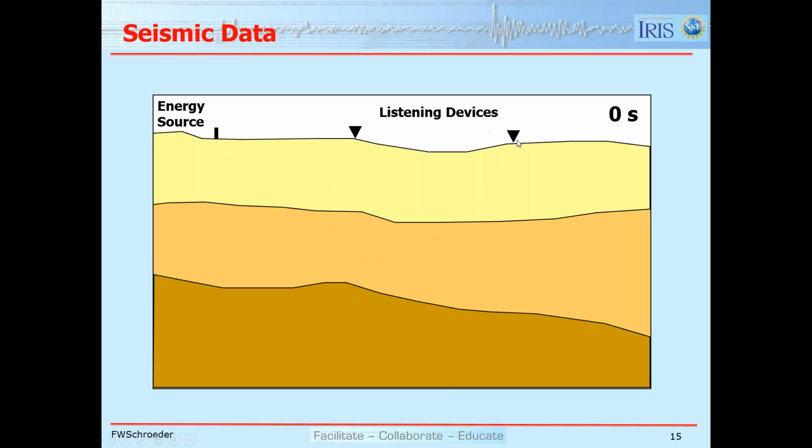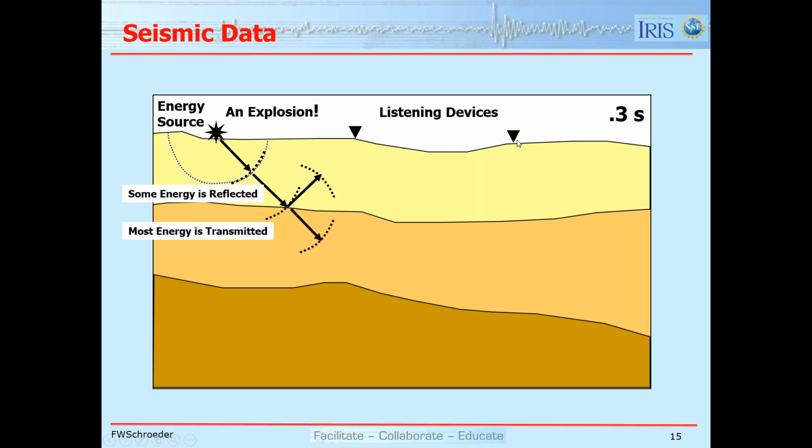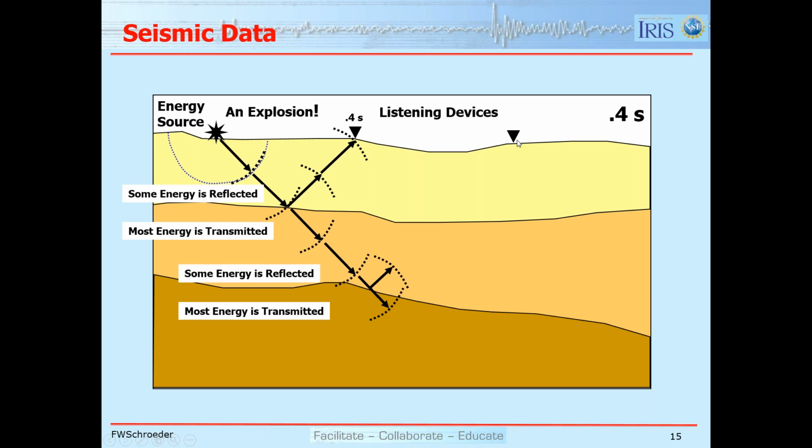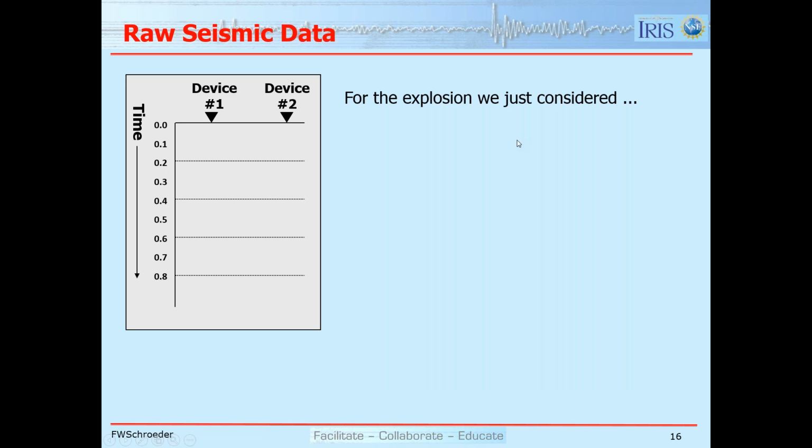So if I do the animation again, bam, 0.1, 0.2, some energy reflects, most of it is transmitted, 0.3, 0.4, 0.5, some of the energy is reflected, most of it is transmitted, 0.6, 0.7, and listening device 2 records the reflection, the interface between layer 2 and layer 3.